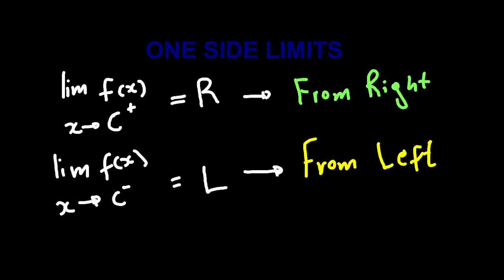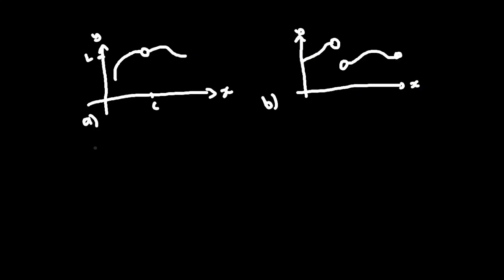So let's do some review. If you see here, I have these figures, figure A and figure B. In figure A, I have a hole, which is a hole discontinuity, and in figure B, a jump discontinuity. This is my function f at x, and this one is also f at x.